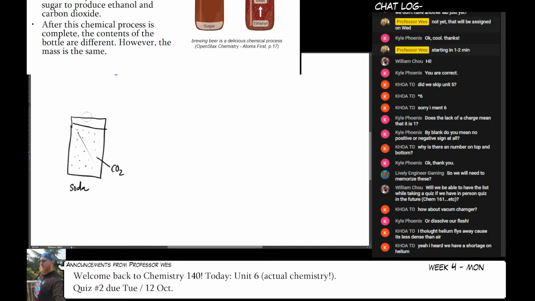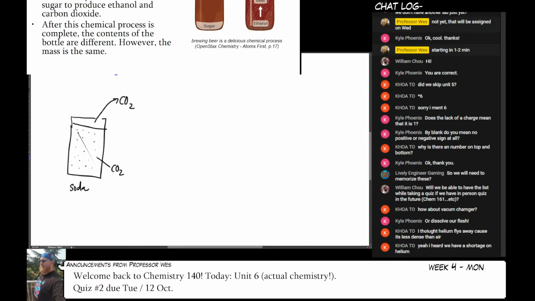But when I open the soda, you get a nice little fizz sound, don't you? And what that is, is CO2 escaping. Now, if it escapes, you can't weigh it anymore, yeah? So if you were to weigh a soda can and then open the soda can and then put it back on the balance, you could actually watch its mass decrease.